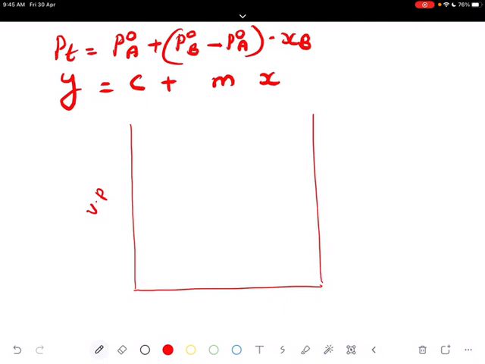Mole fractions means you can consider that at this end only XA is present, that is XA is equal to 1. So at that time XB is equal to 0. Only one component is present.